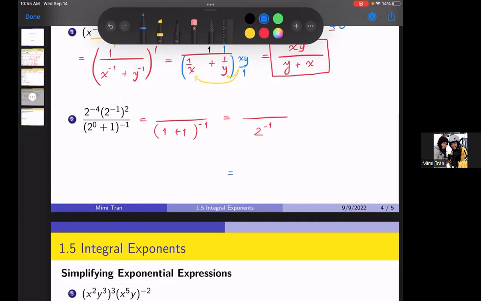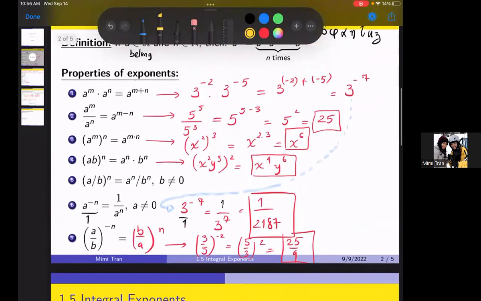So other people do it like this, 1/2, right? Doesn't matter, I'll show you both. For the top, I'm going to take care of that one. So 2 to the negative 1, and then the power outside.